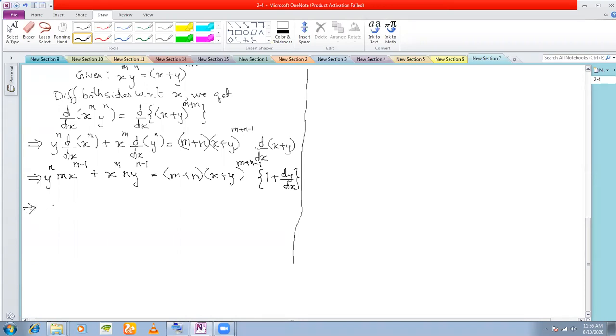In the next step, what I will do is I can write this as m y to the power of n into x to the power of m divided by x, plus I can write this as n x to the power of m y to the power of n divided by y.